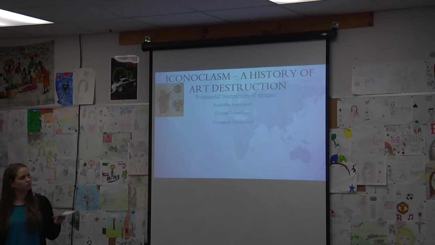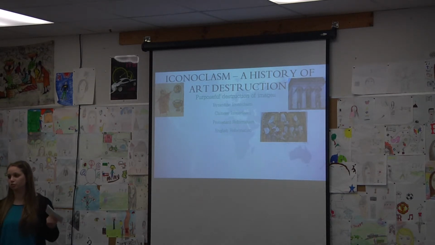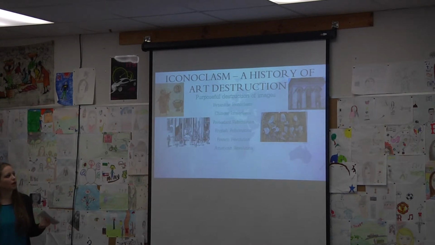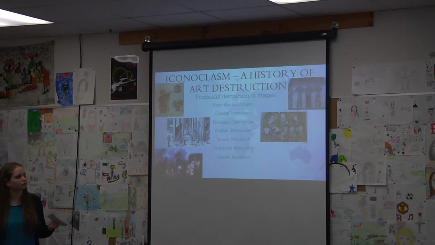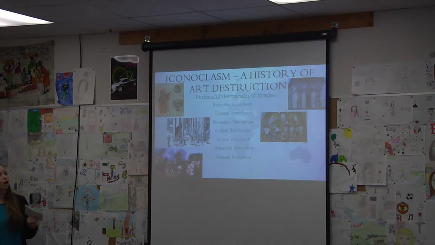Chinese iconoclasm, the Protestant Reformation, and the English Reformation all had to do with religion. So before 1600, they all had religious purposes. Now it's the French Revolution, American Revolution, and the Russian Revolution, where these were taking down statues, mostly statues of leaders in a country.